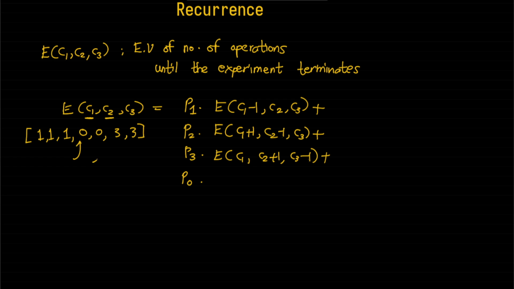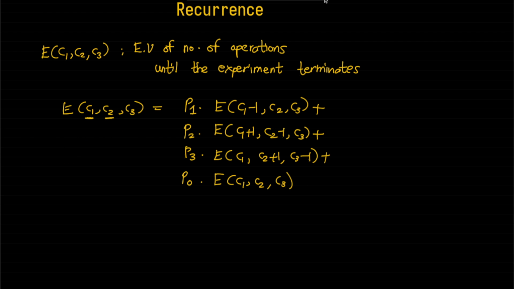So if we arrive at a location where value is 0, the probability of this event happening is 2 by 7, and with this probability we will end up with the exact same state of the array. So this is the recurrence for expected value.